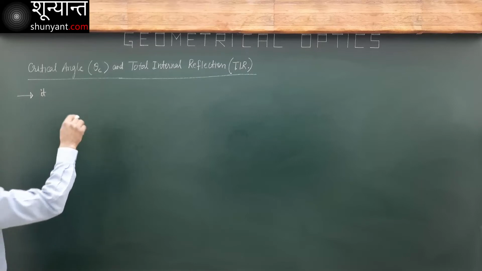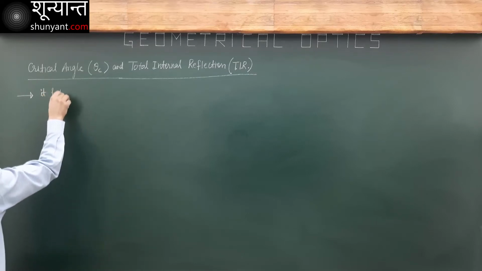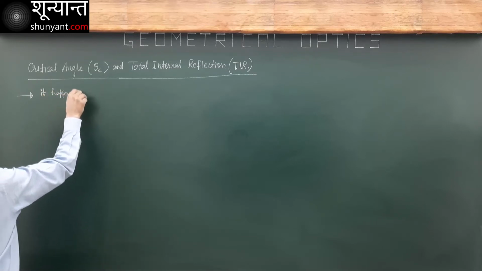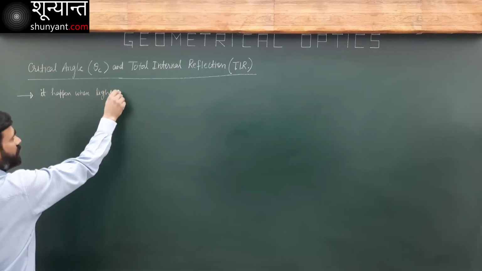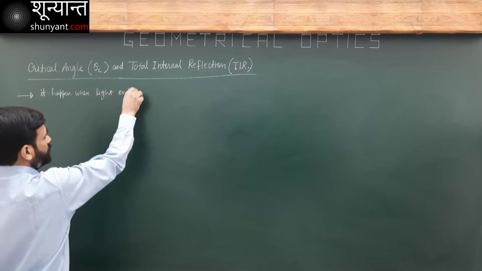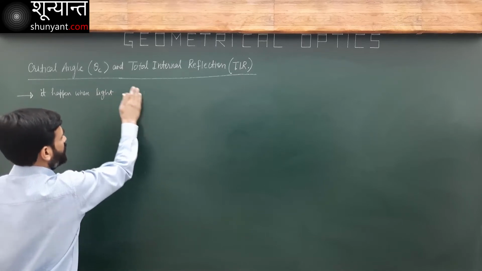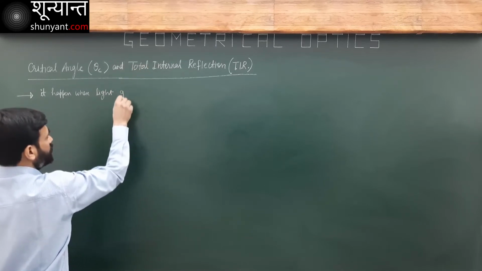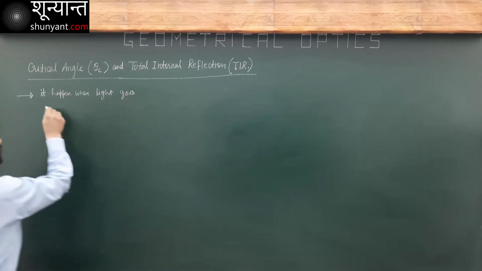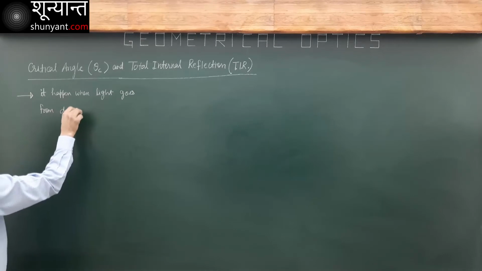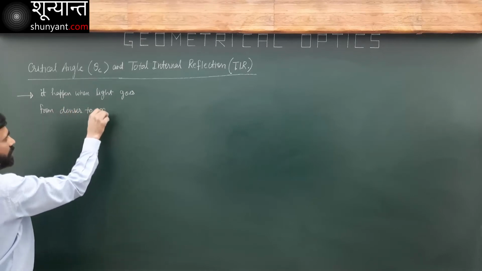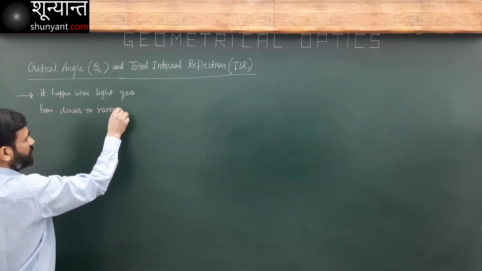It happens when light goes from denser to rarer medium.